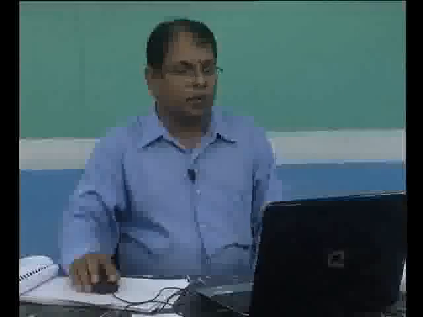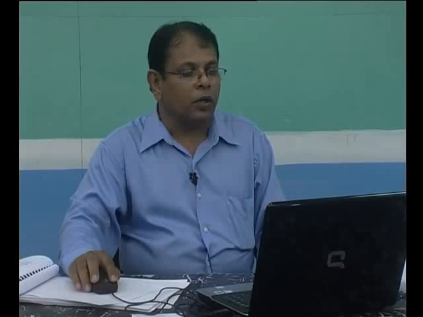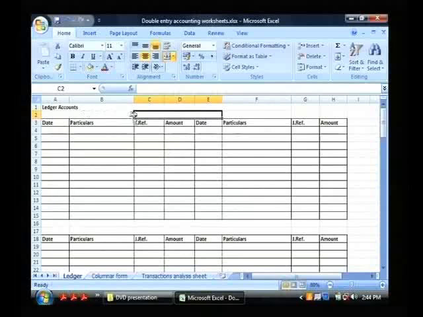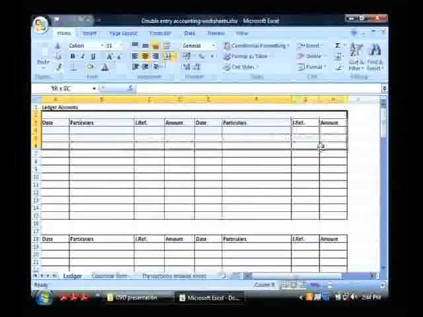The second part of the question is to prepare ledger accounts. As you have already learnt, there are two forms of ledger accounts. The first one is the T format ledger accounts, and the other one is the columnar format ledger accounts. First we will prepare ledger accounts in T format.